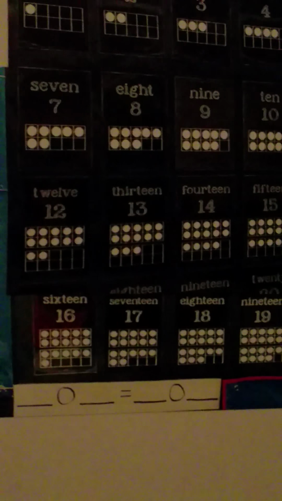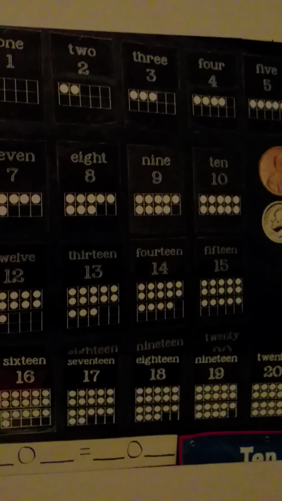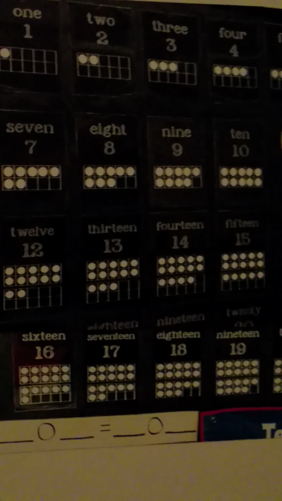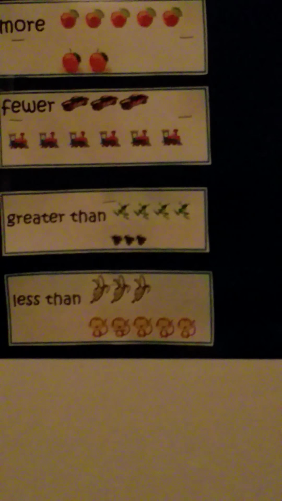Which number is less than 5? Which number is more than 3? This is a great way to continue on with teaching more, fewer, greater than, and less than.